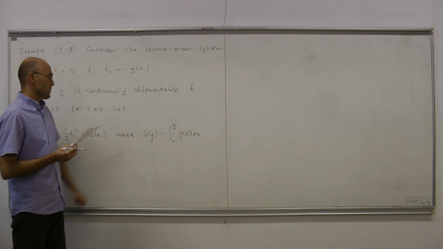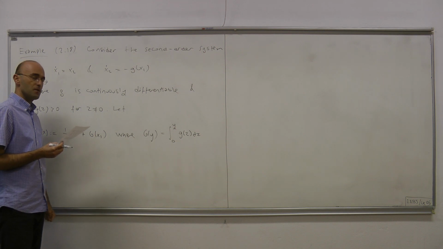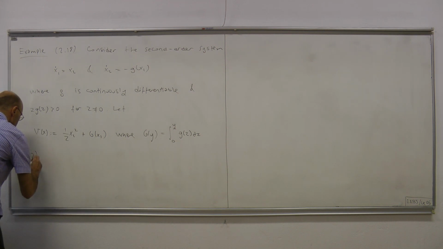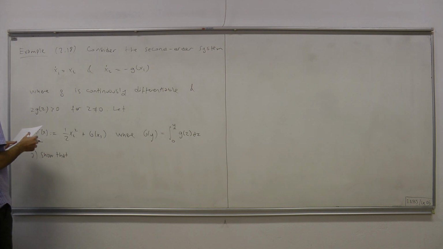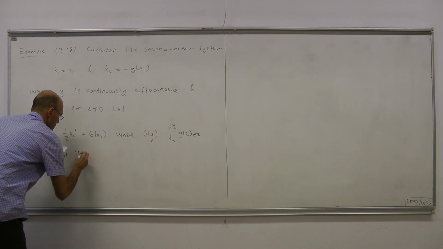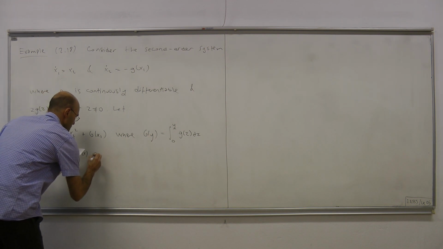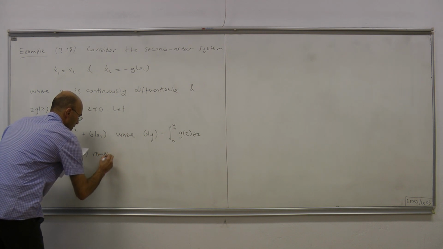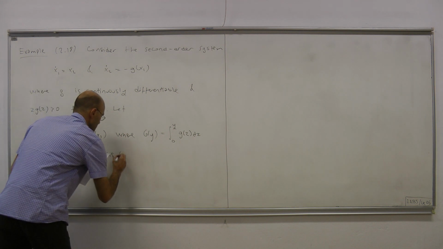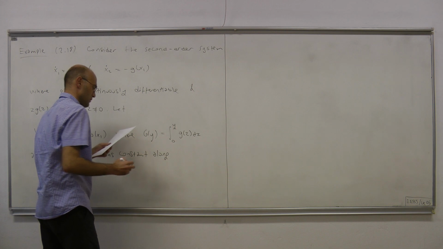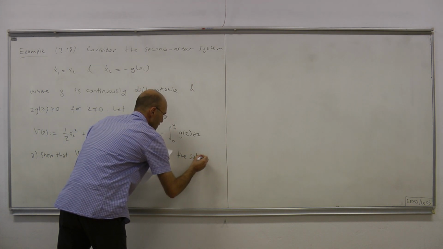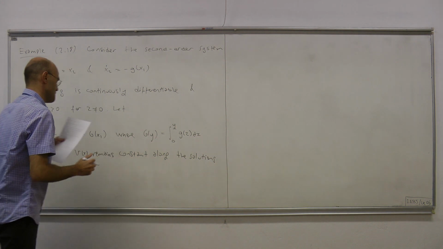Now for this second-order system, where g satisfies the conditions listed, we are asked to do the following. A, show that V of x remains constant along the solutions of the system.